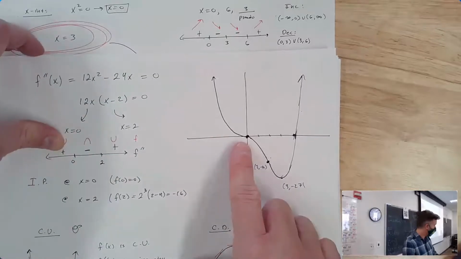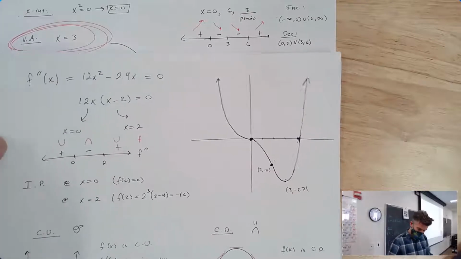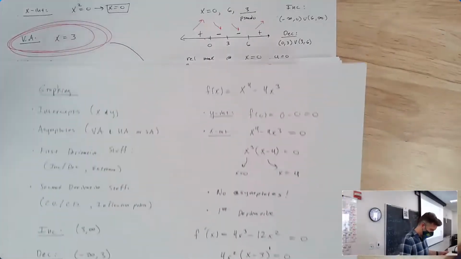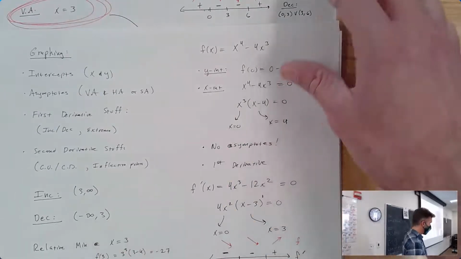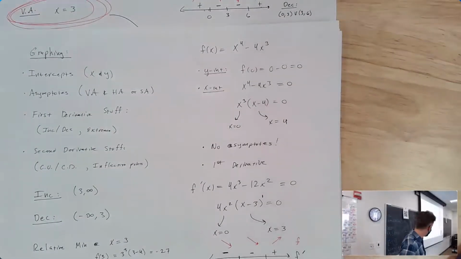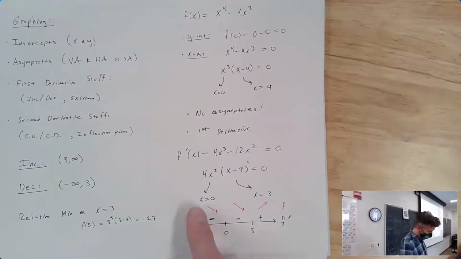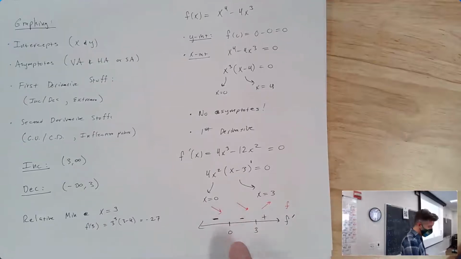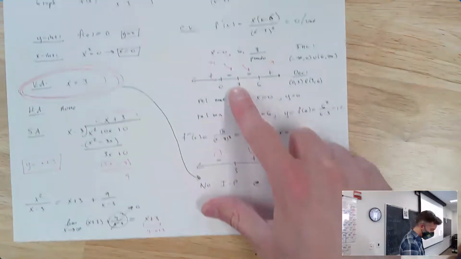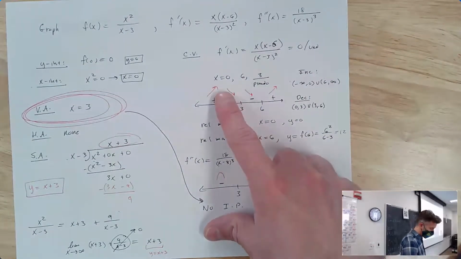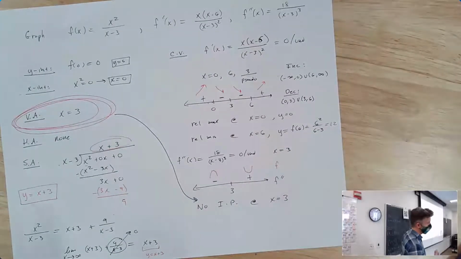So if it's defined there, you can include it and say it's decreasing from -3 to 3. Even though 0 was a critical point, we included 0, it was decreasing, and it's defined at 0. Whereas the one we just talked about, you can't include the 3 here because although it's decreasing, the function is undefined at 3. It's not a huge deal, but just something to be aware of.